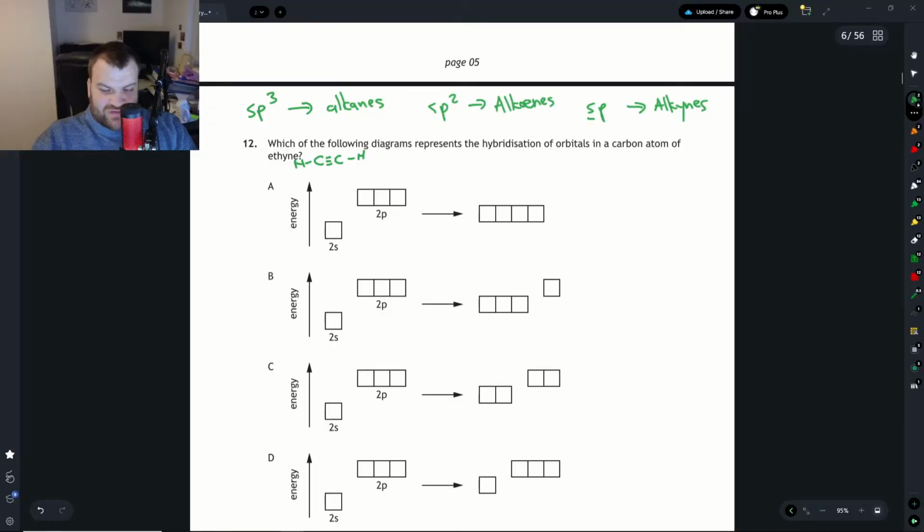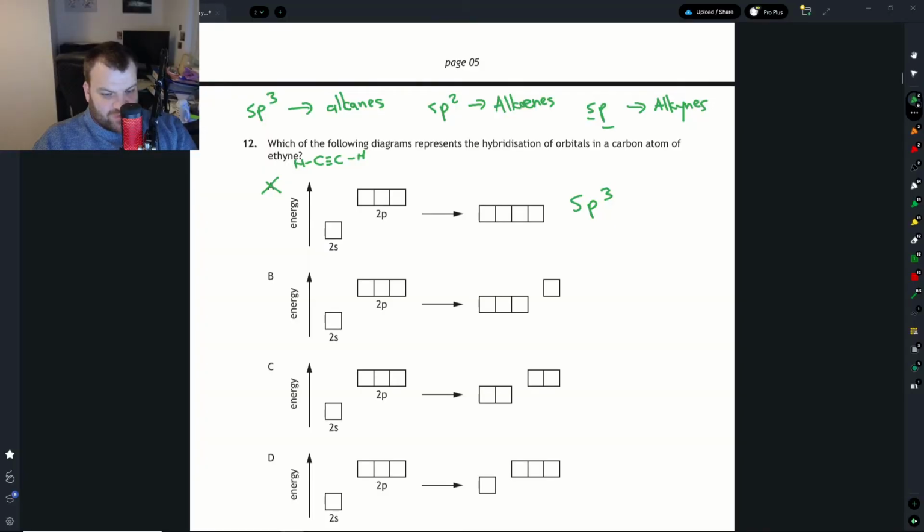Here we've got one s orbital and a p orbital mixing together, and that will leave two unhybridized p orbitals. In the top one here we have sp3 hybridization. We have one of the s orbitals and three of the p orbitals. sp3, not our answer.